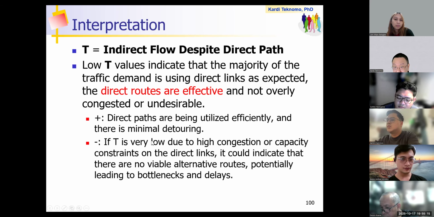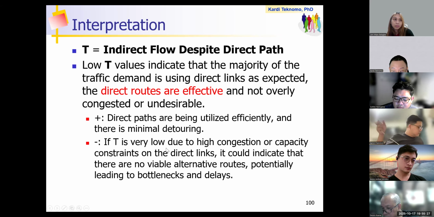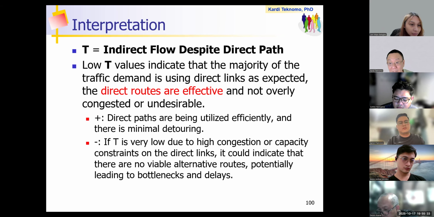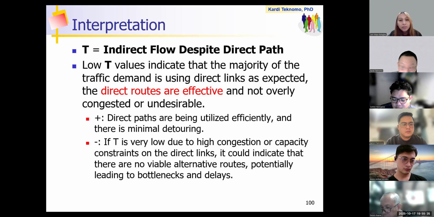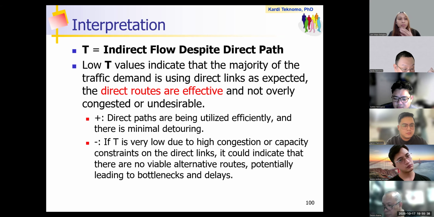So the direct path is utilized efficiently, with minimal detouring. But in the negative sense, if T is very low due to high congestion or capacity constraint in the direct link, that also means there is no viable alternative. So there are two ways to interpret this, in the positive way or the negative way.